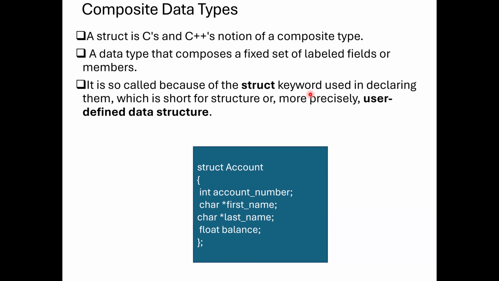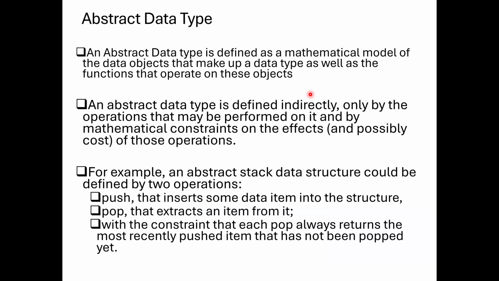But these composite types themselves also lack something fundamental. And what they lack is that they allow us to create structures that can store data, but they don't go further to allow us to define useful functions or useful properties that this data organization can be used in solving real world problems.